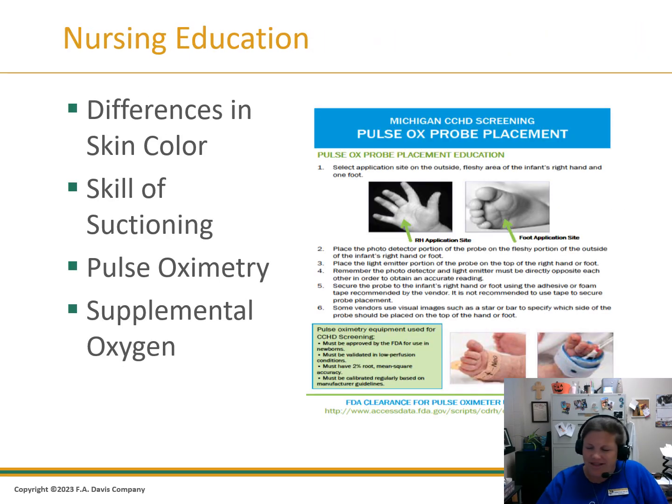Okay, and then I think the last couple of slides speak to a general element of nursing education associated with respiratory assessment and respiratory intervention. This slide is speaking to noticing the differences in the color of the skin and what that means, how we suction, how we obtain proper placement of a pulse oximetry probe and get accurate readings when we give supplemental oxygen to a patient.